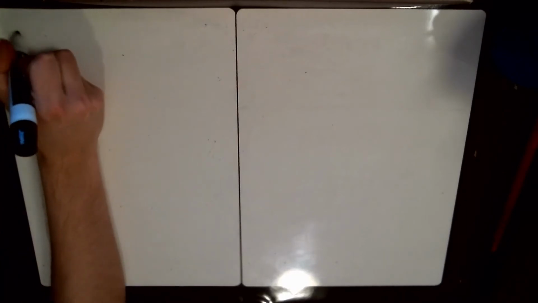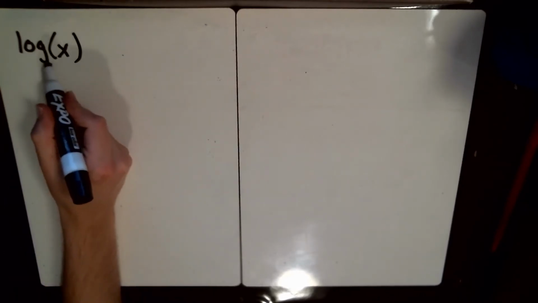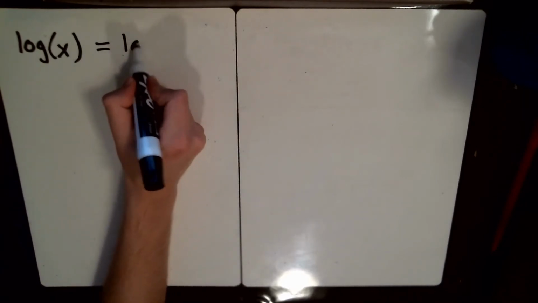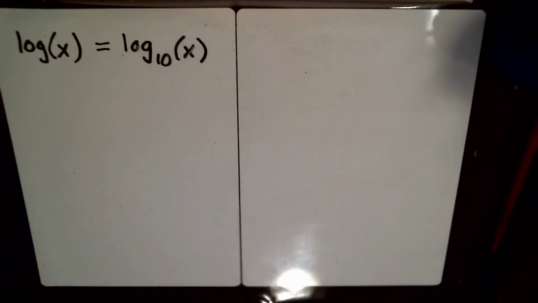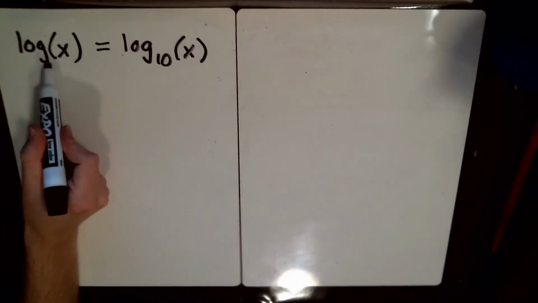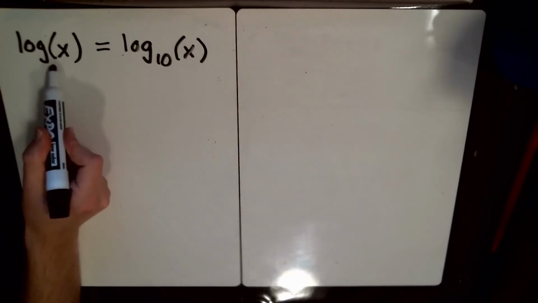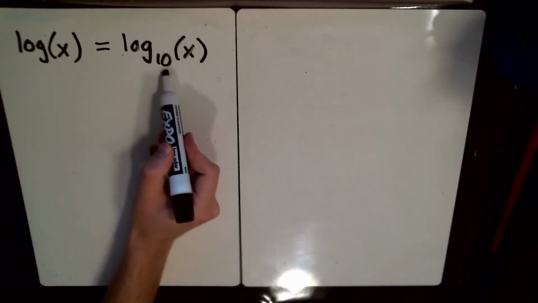So log of x, when we don't write something on the base, the standard base for log is base 10. So what we mean when we write log without something down here is log base 10. It's the exact same thing.